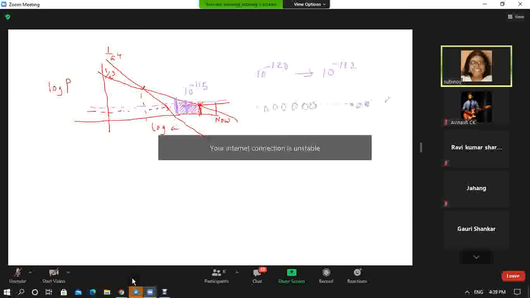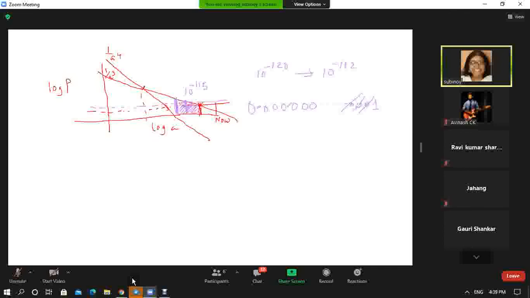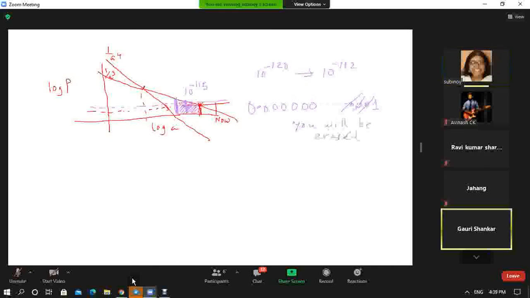It's like it doesn't matter, anyway, so many zeros, as theory and experiment don't matter. But if you erase 3 zeros, it can be shown that you will be erased too. That means life can come.